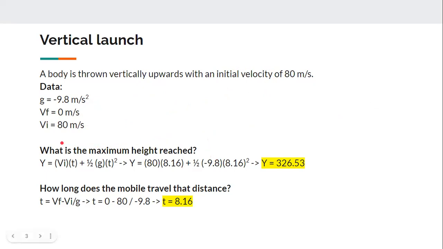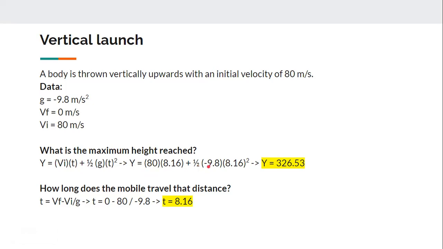Now, what is the maximum height reached? In this case, the formula of height will be initial velocity times time plus 1/2 gravity times time squared. Now we substitute the information. The initial velocity is 80. The time is 8.16 plus 1/2.